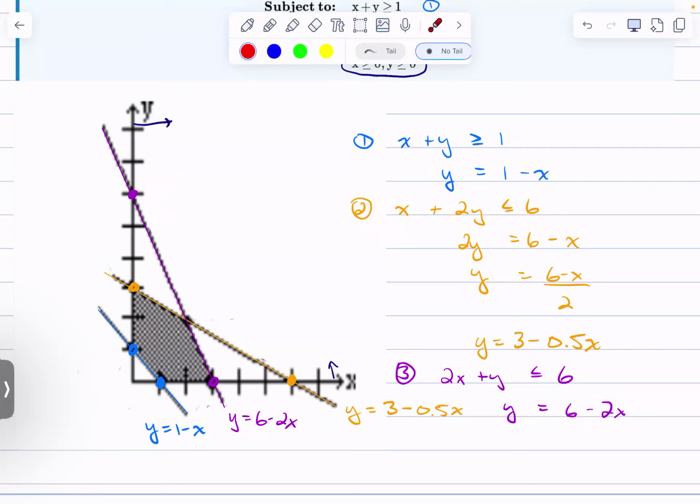And so what that means is, once you've seen enough of these lines, you'll know what's below and what's above. You can always take a test point, right? Something like 0.5, 0.5, 0.5 plus 0.5 makes 1. Okay, maybe that's a bad one, because that's on the line. I picked a bad one. 0.25 and 0.25?